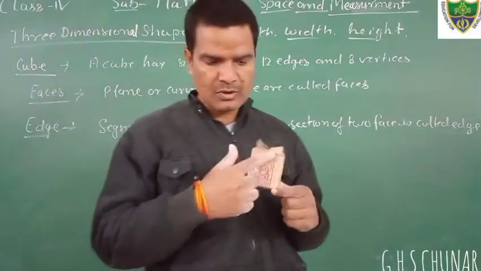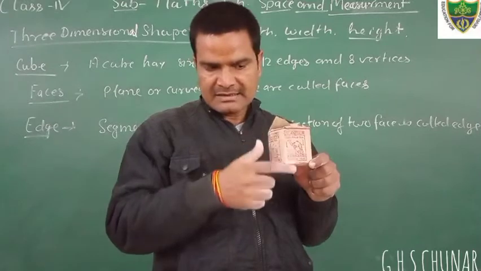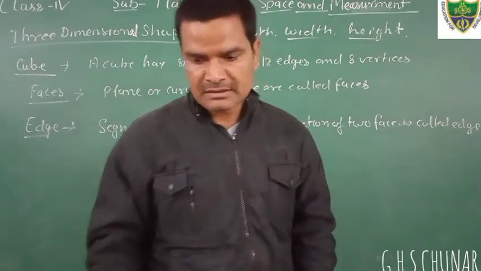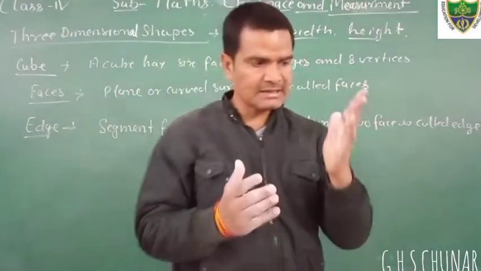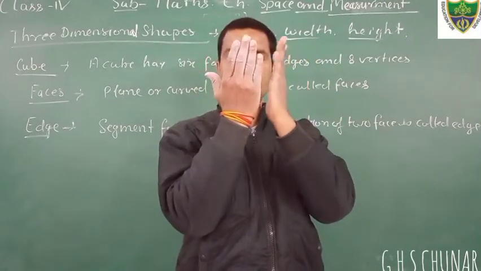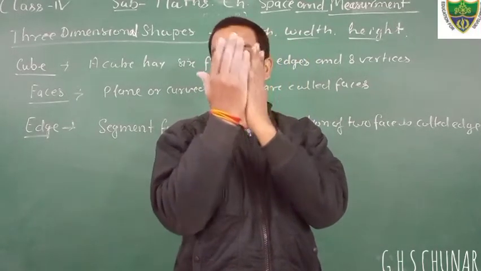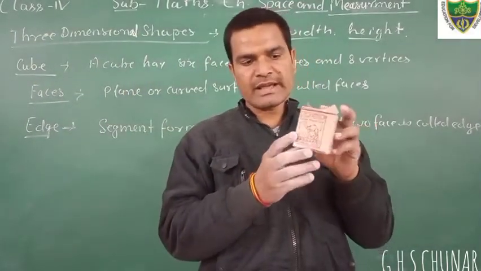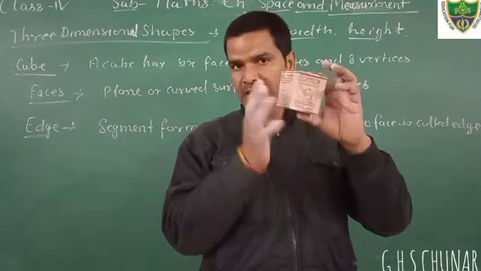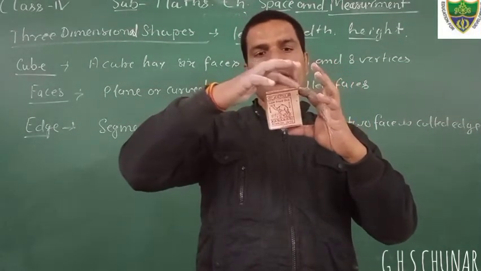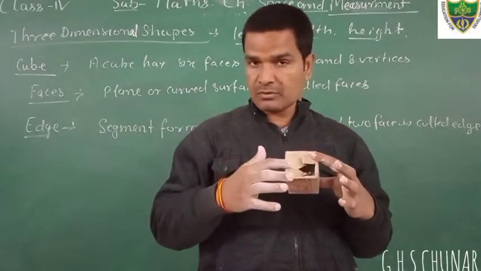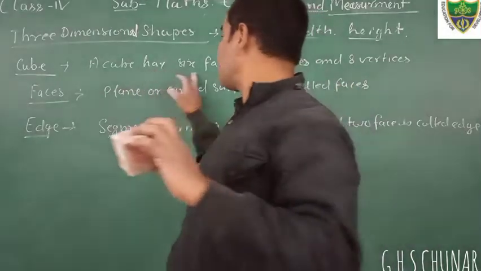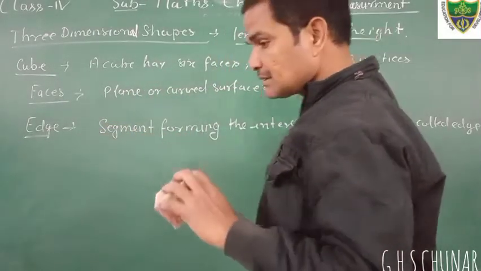Here, this is one face and this is the second face. The segment formed, the corner, is the edge. So in the cube how many edges are there? Four edges on the sides, four edges on the top, and four edges on the bottom. So there are 12 edges.